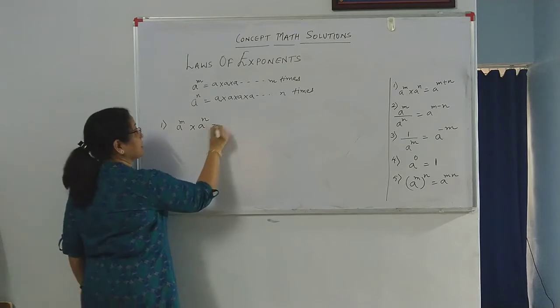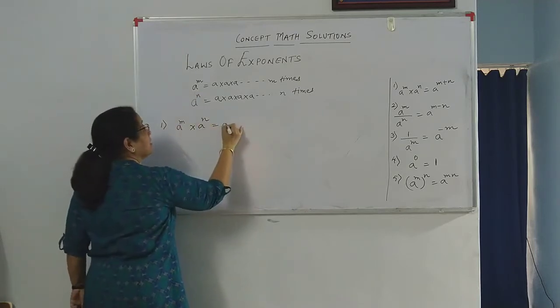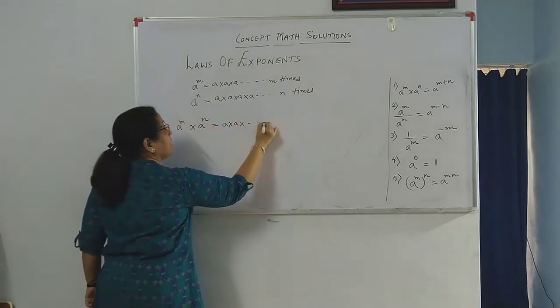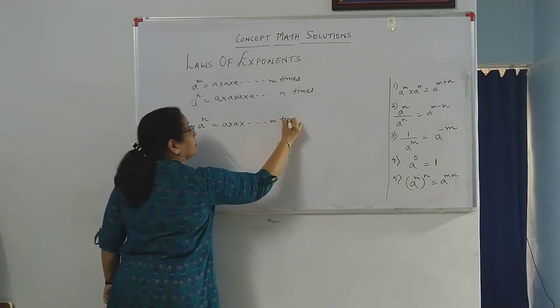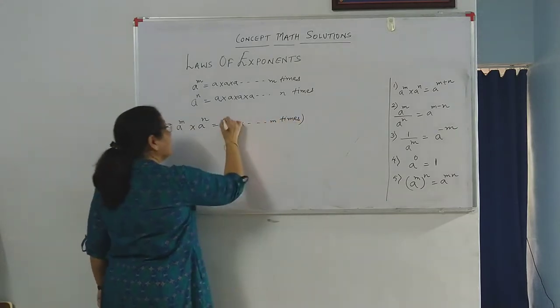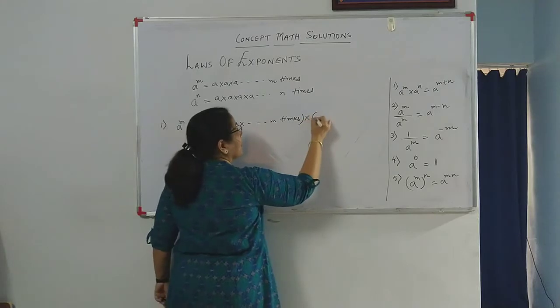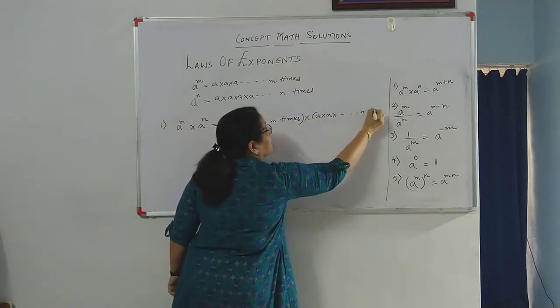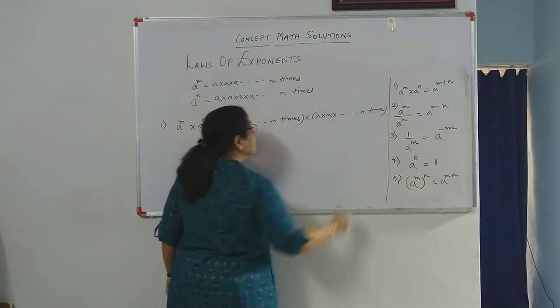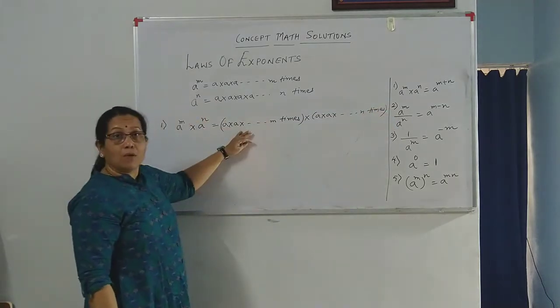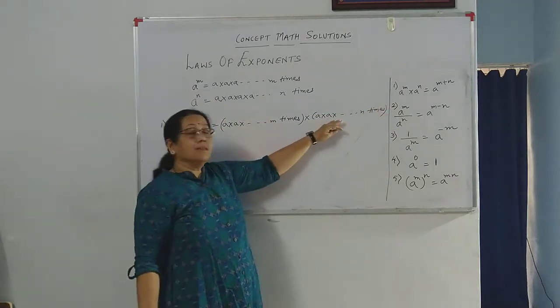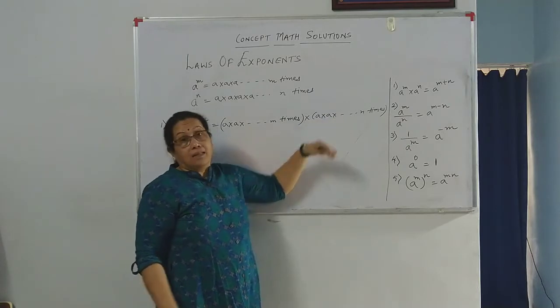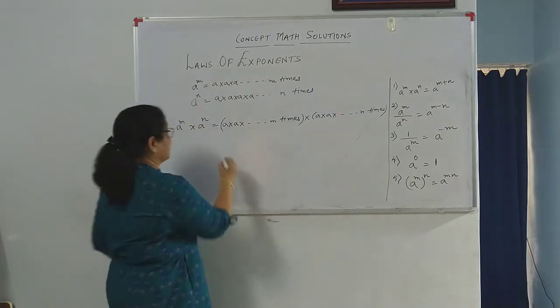Product of equal bases: a to the power m is a into a, m times, and a to the power n will be a into a, n times, right? That is, you have a into a m times, then a into a n times. That is a total of m plus n times, right?